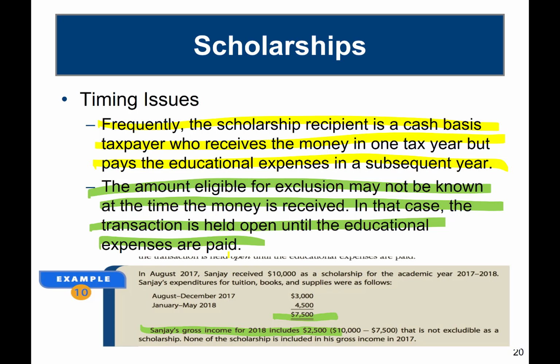It's knowing what portion of that total 10,000 was actually excludable as tuition and books and that sort of thing, versus money for pizza, room and board. So I don't see that it changes. It's holding back the recognition for tax purposes until we know what portion is what, because some is included and some is excluded.